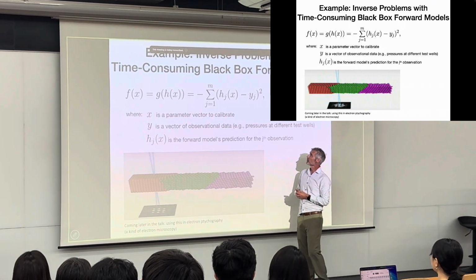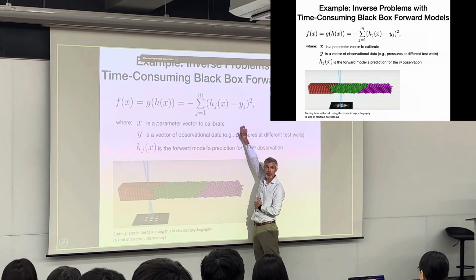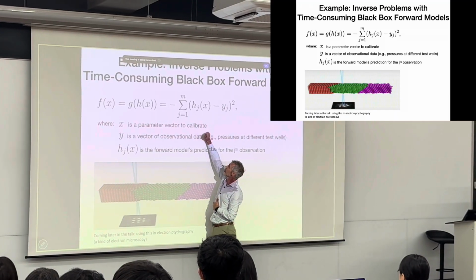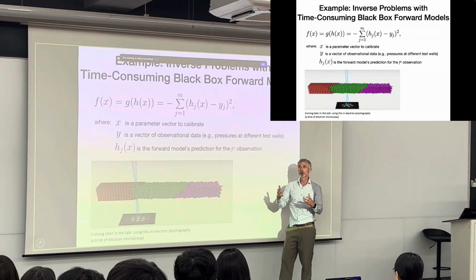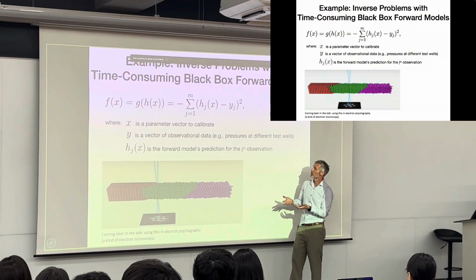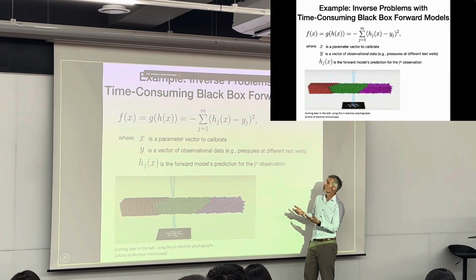And they're looking to solve an optimization problem where Yj is what they actually observe for that statistic, Hj of X is what their simulator predicts they should observe, and they're trying to find the X that simultaneously causes each of these predictions to be equal to the real world observation. They're trying to minimize, in their case, the sum of squared errors.